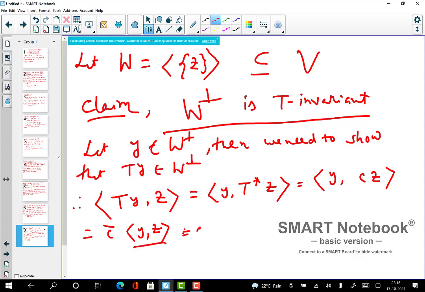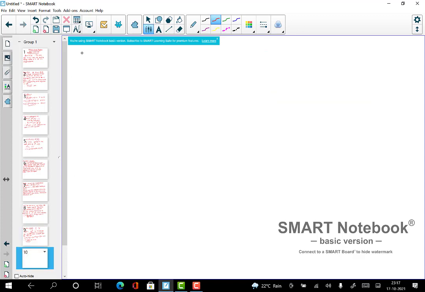So it is nothing but c bar into 0, which is equal to 0. So what does that mean? That means Ty is orthogonal to W, which is whatever we just claimed. Okay, so this proves that W perp is T invariant, and once we have something T invariant, you can restrict the operator on the invariant subspace to get another restricted linear operator, right? Now this T_W perp is the restriction of T, a map from W perp to W perp.